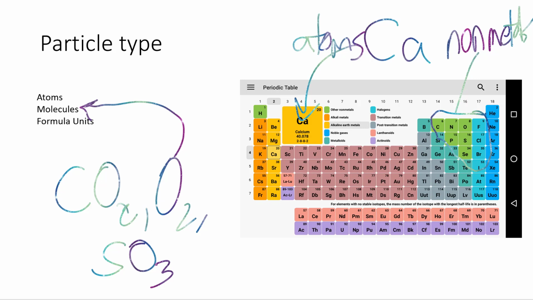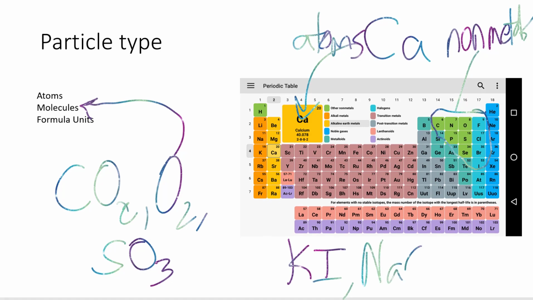Now if you have a metal and a nonmetal together, that's an ionic compound, and that would be called a formula unit. So for example, if you have KI or NaCl or MgBr2, any one of these would allow you to see there's a combination of a metal and a nonmetal, right? K is on the left side of the periodic table, it's a metal.